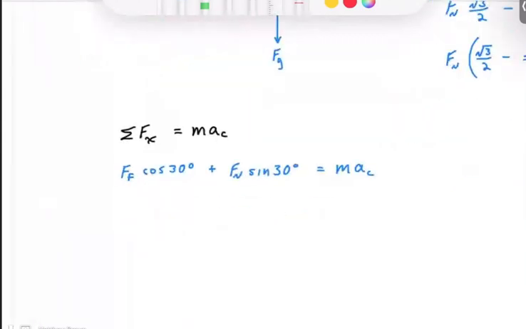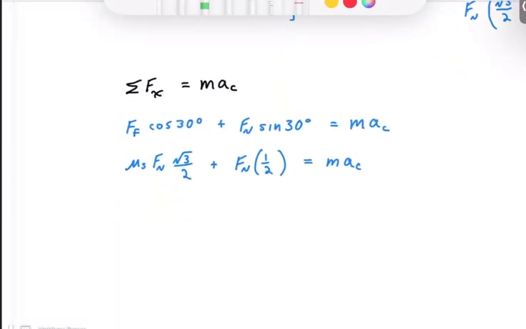So the force of friction is the same thing, mu s Fn, and cos of 30 we said is root 3 over 2, plus the normal force times sine of 30, which is 1/2, equals mac.